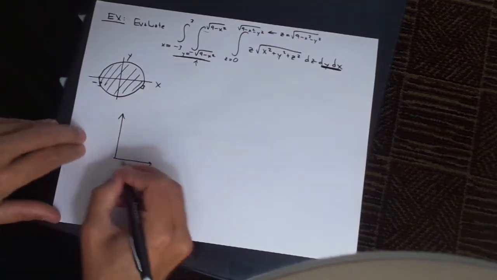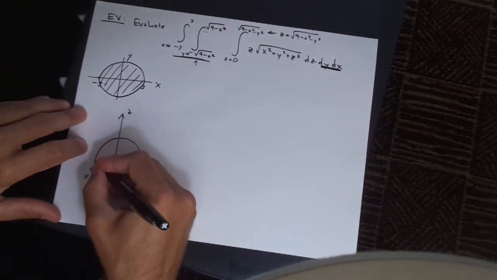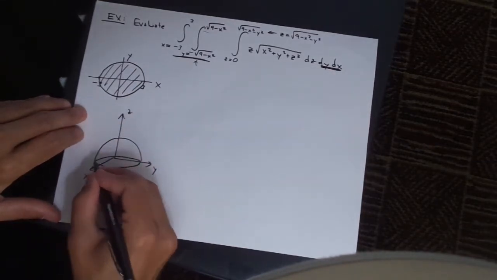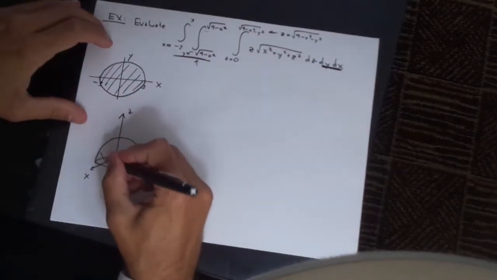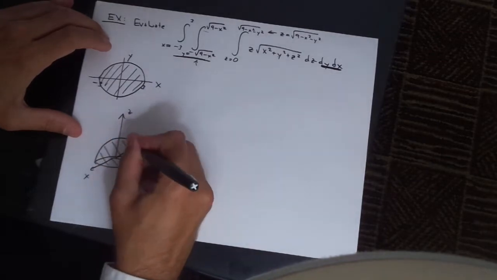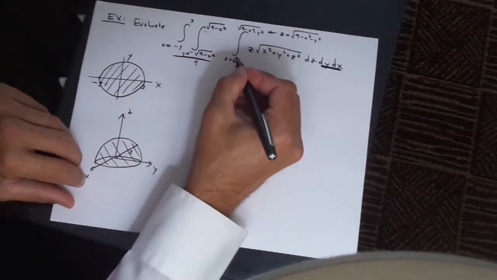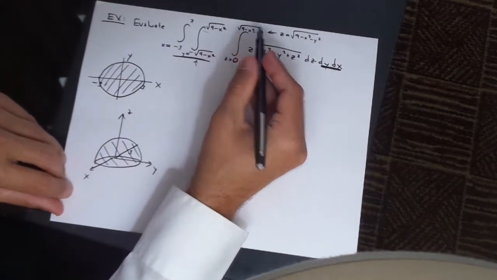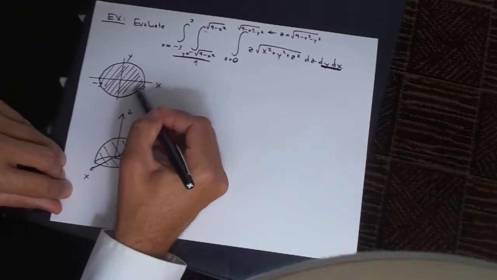In other words, the three-dimensional picture is simply the top half of a hemisphere. All right. That kind of a shape is well suited to spherical coordinates. It's a hemisphere of radius 3. It's the top half because z starts at 0 and goes up from there. The x and y domain is exactly this circle.